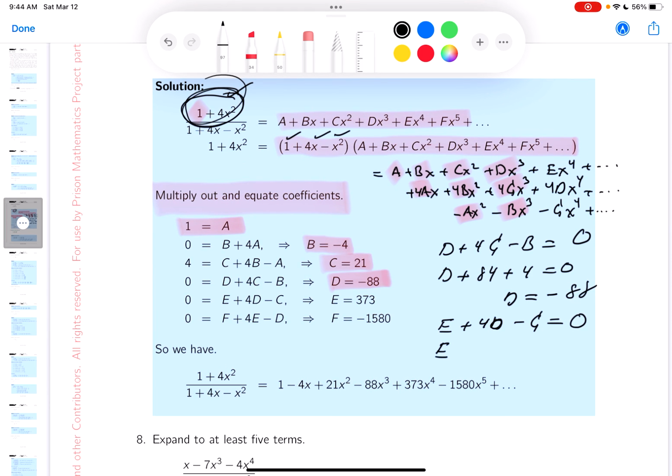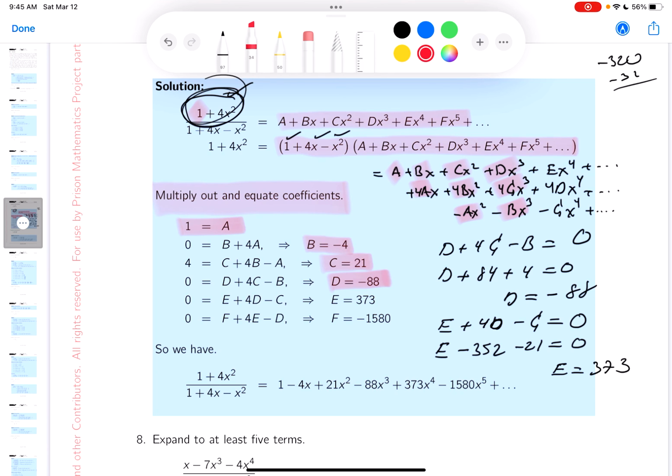E, let's see, that's going to be minus 320 and minus 32, right? So minus 352. And what's c? 21. And that better be equal to 0. So what's e going to be equal to? Let's see, 373. As you can see, the numbers are getting more difficult to compute.